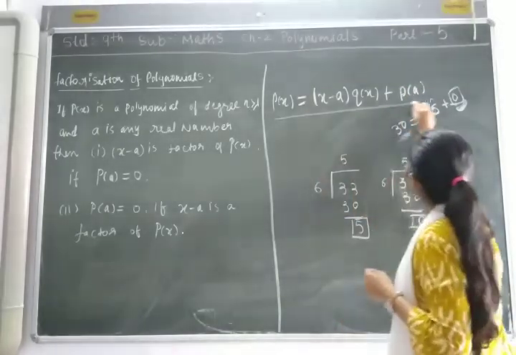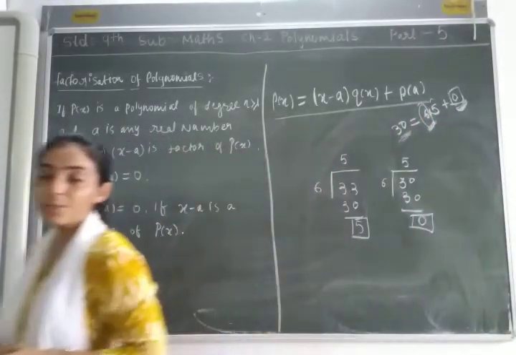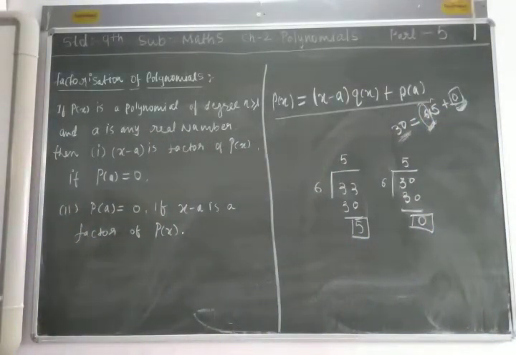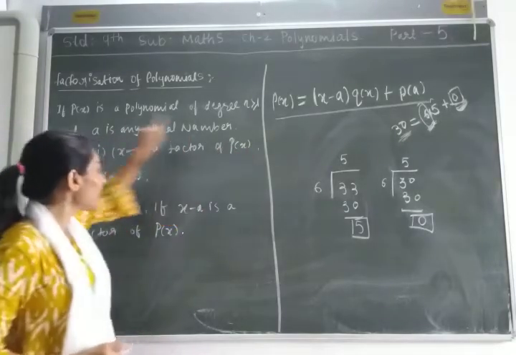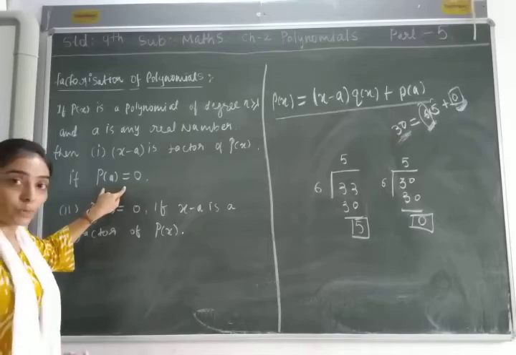This is nothing but my remainder theorem. x minus a is a factor of p of x if my remainder is 0.